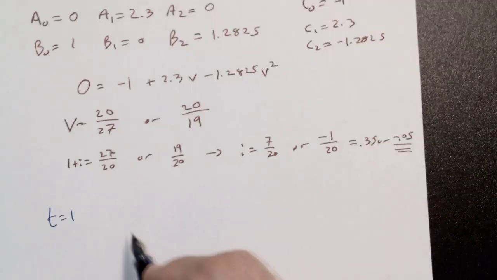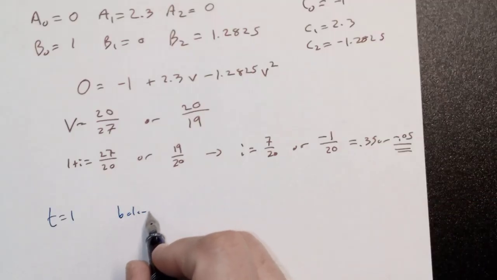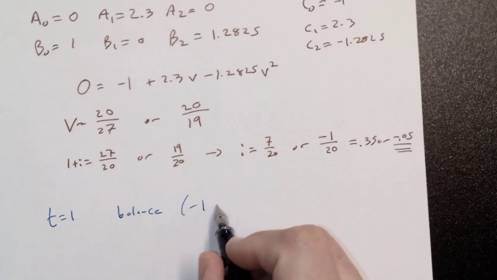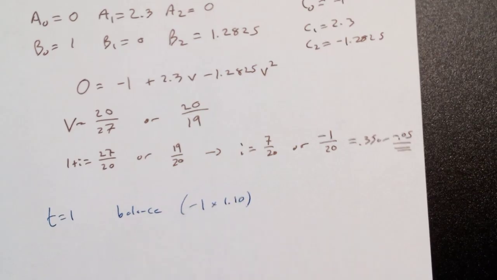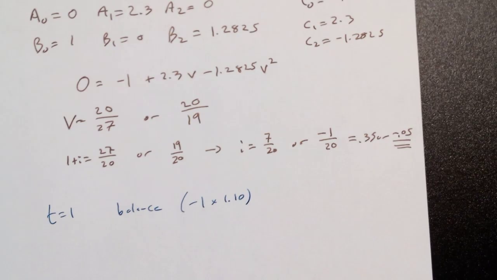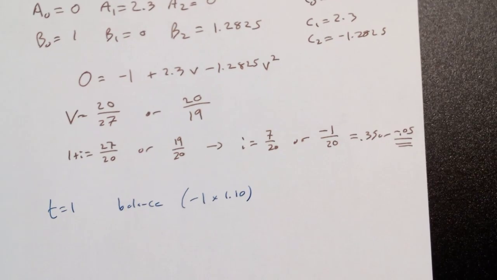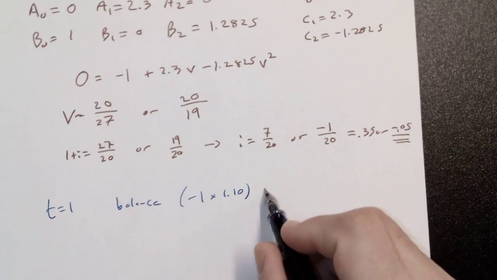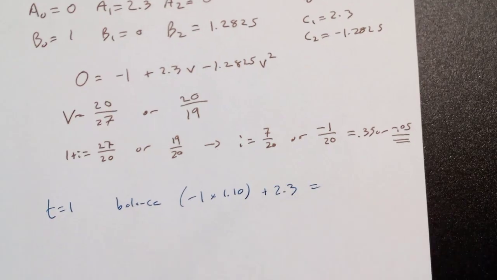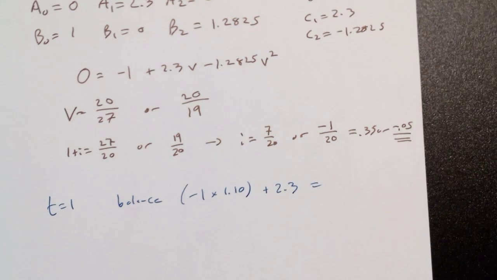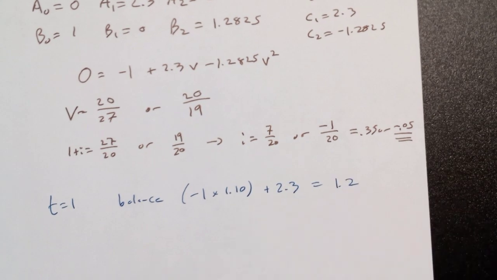If I earn 10% or get charged 10%, that'll be the balance. I then take out money. Well, it's positive in the interest. That means the balance right at the moment is 1.2.